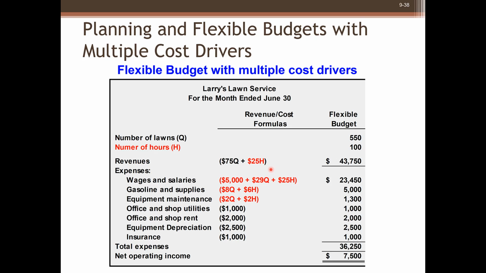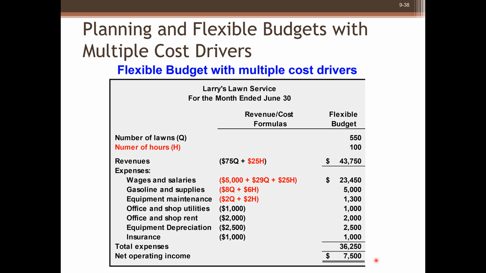Following the new revenue and cost formulas, we can get total revenues and variable expenses respectively. Fixed expenses are constant and will not change. We subtract the total expenses from revenues and net operating income for the flexible budget should be $7,500.